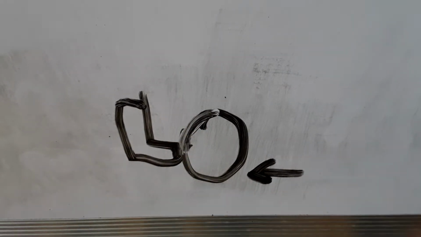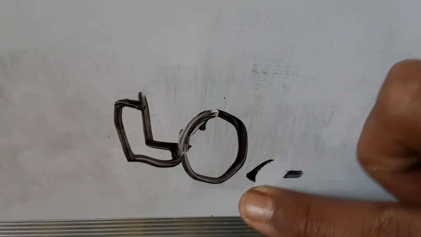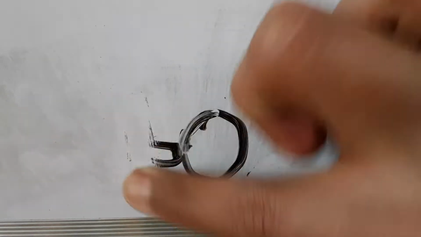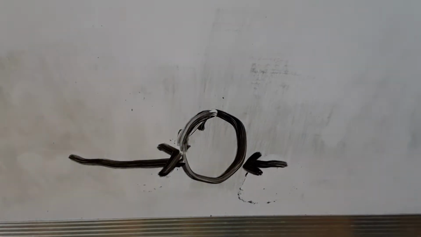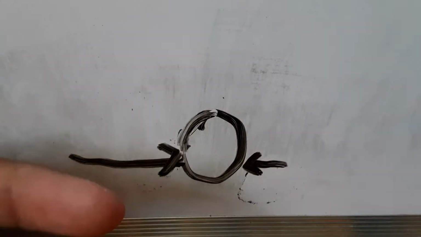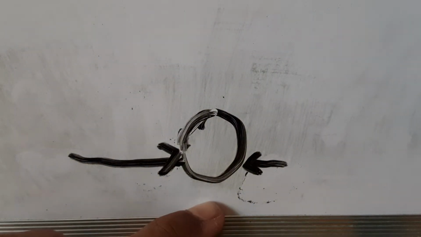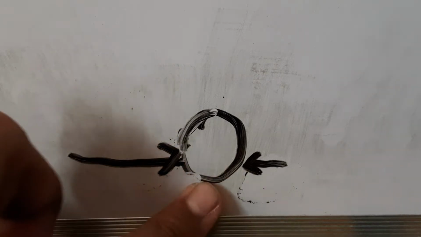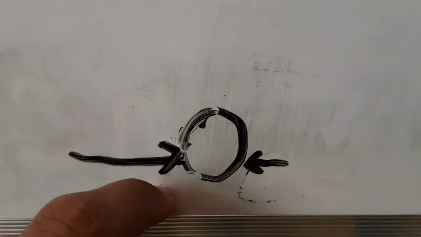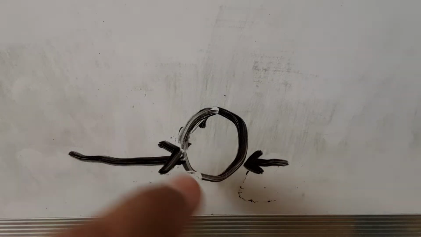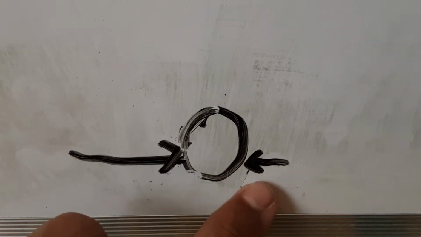Now Newton's second law tells that if the force applied by me, and I will draw a small arrow, is more, what will happen? It will accelerate. It means if it is at rest, then it will come into motion. So whenever there is an unbalanced force, or a net force acting on this object, there is an acceleration.